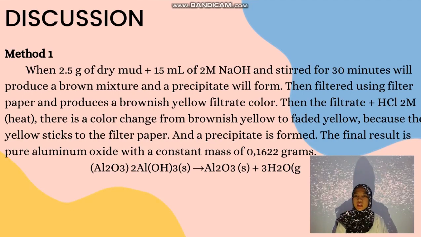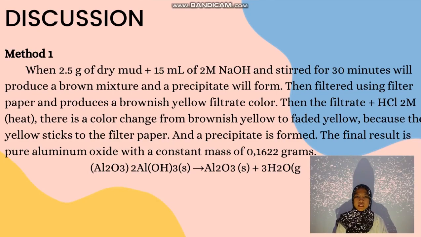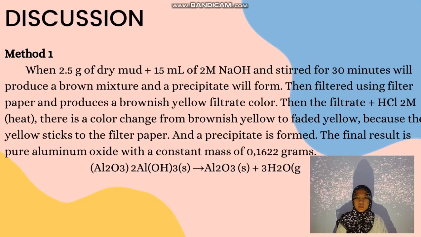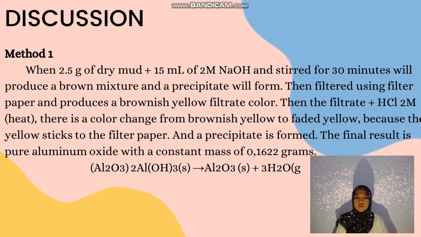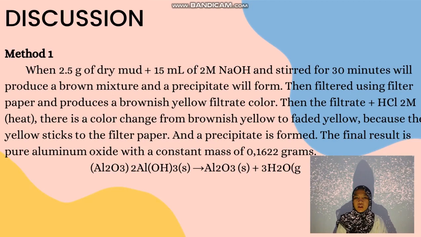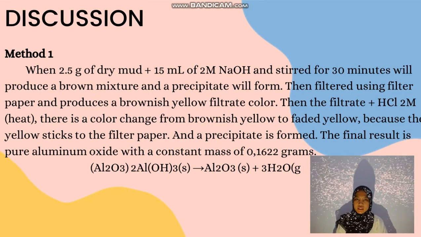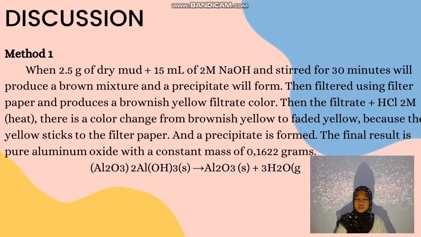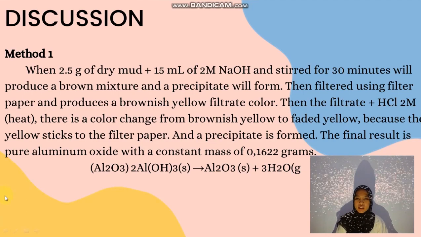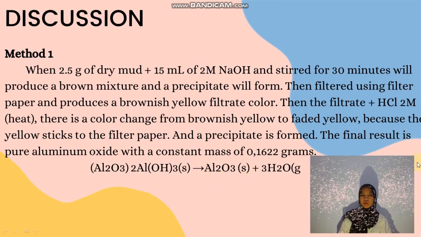There is a color change from brownish yellow to faded yellow because the yellow sticks to the filter paper and a precipitate is formed. The final result is pure aluminum oxide with a constant mass of 0.1622 grams. The reaction is 2Al(OH)3 produces Al2O3 plus 3H2O.